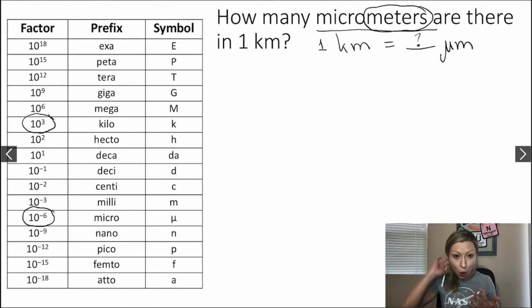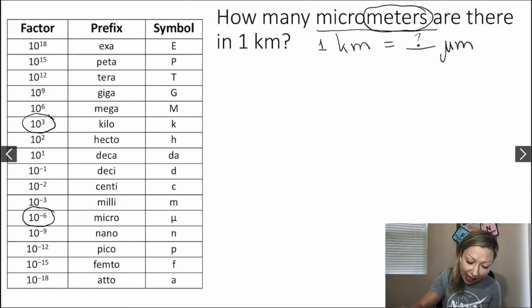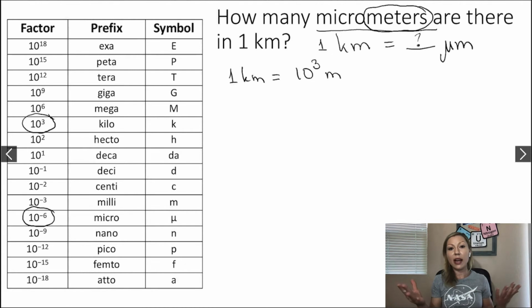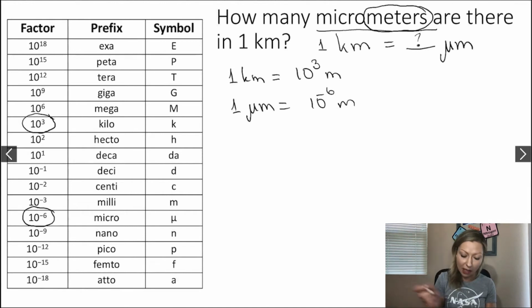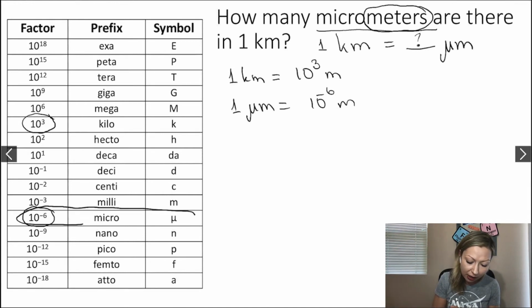Now I know that I can write out the following. 1 kilometer equals 10 to the third meters, right? So that's just what the factor in the table is for. I also can say that 1 micrometer equals 10 to the negative 6 meters. Okay, so this is all coming from this table here.